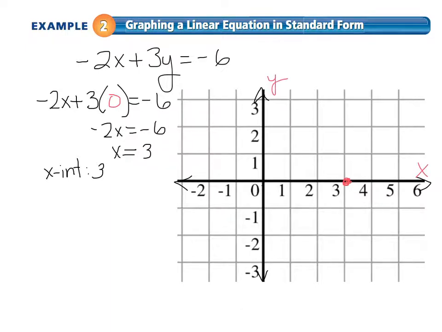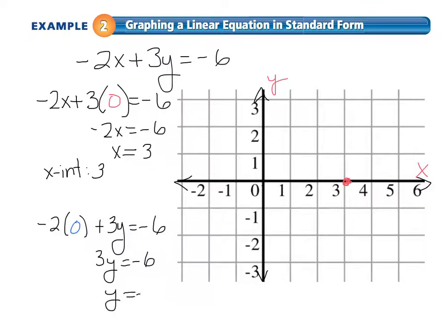Now the y-intercept is when I plug in 0 for x. So I plug in 0, I'm going to color code this here. I plug in 0 for x. And then I solve that. So that gives me 3y equals negative 6. Divide both sides by 3. I get a y-intercept of negative 2.